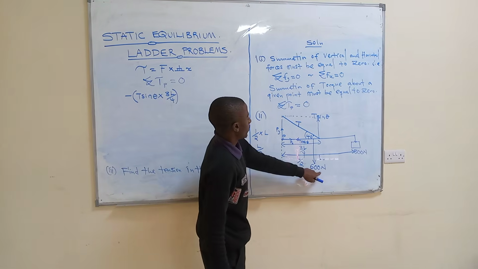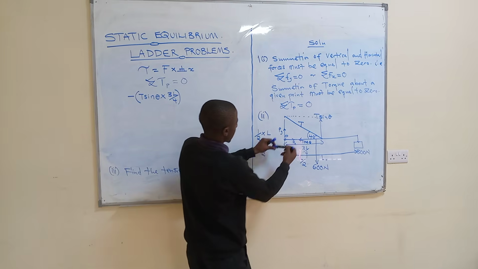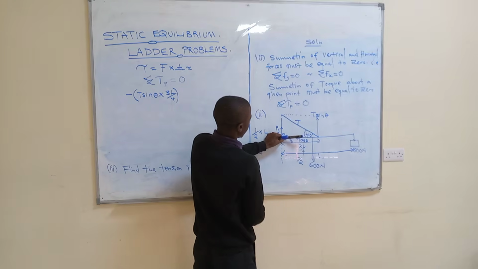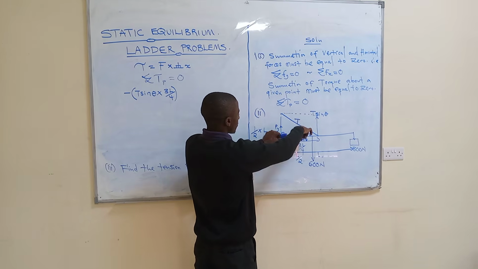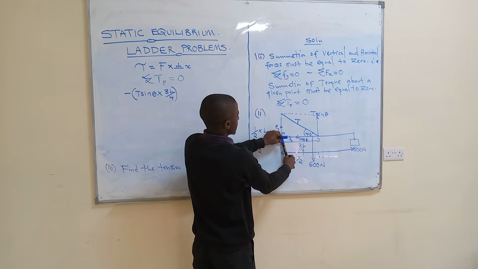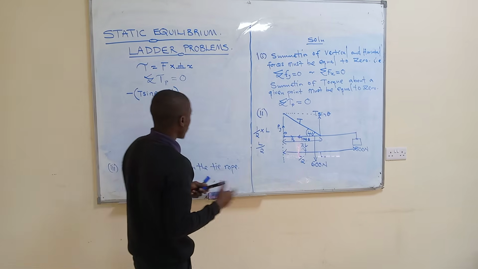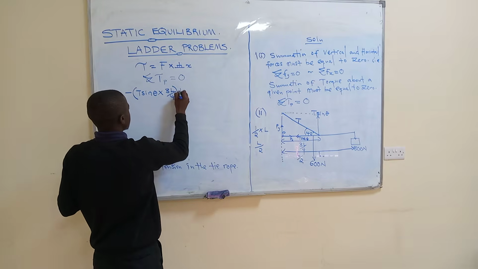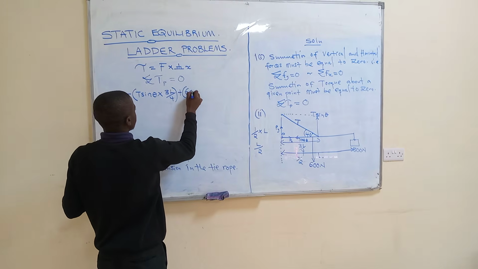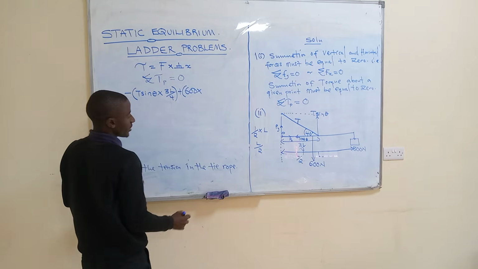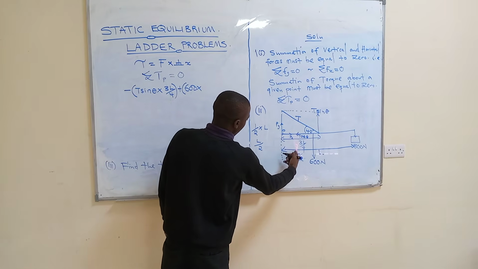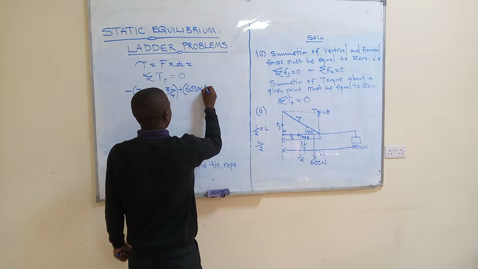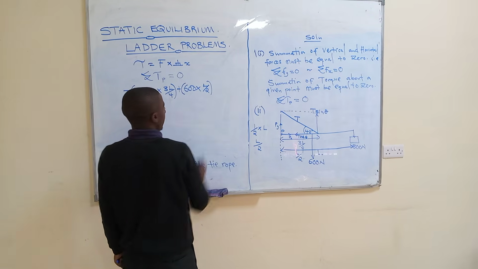Apart from that, we go to this force, 600. If I place a marker in and then I apply 600 force downward, this is going to rotate clockwise. Then I'm going to put a positive, that is positive 600, the force, times its perpendicular distance, that is L over 2.